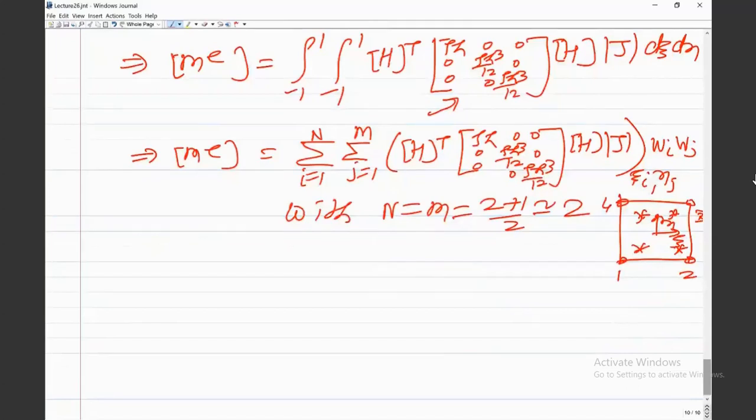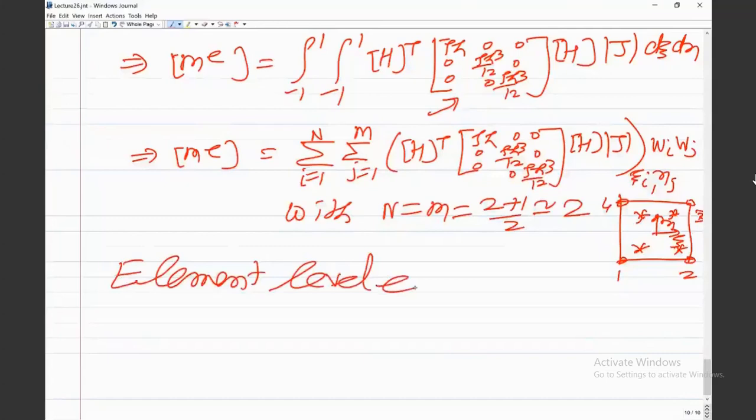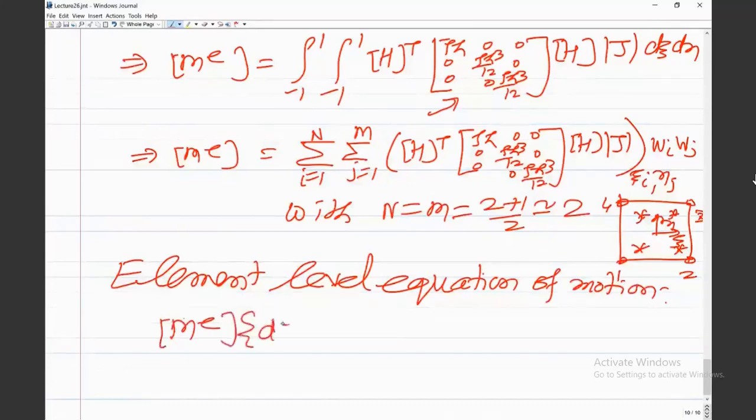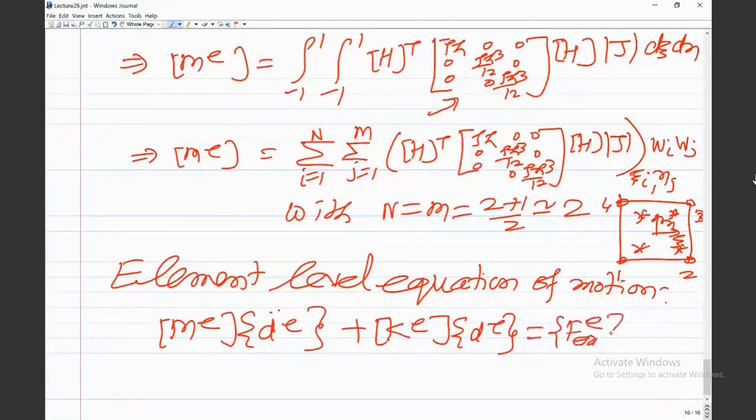So now, in all cases the element level equation of motion will be of the form, as we have said already, me into d double dot plus ke into de, that is stiffness matrix, is equal to the load vector due to externally applied distributed forces plus the internal forces at the boundaries of the element. So this is the element level governing equation.